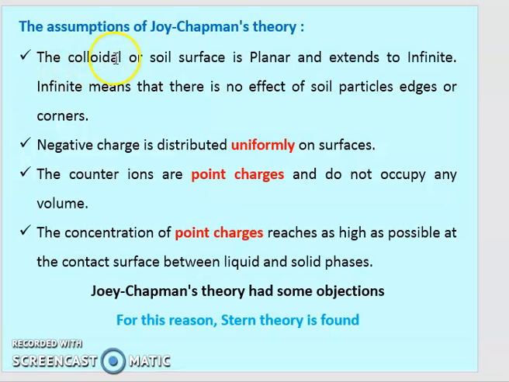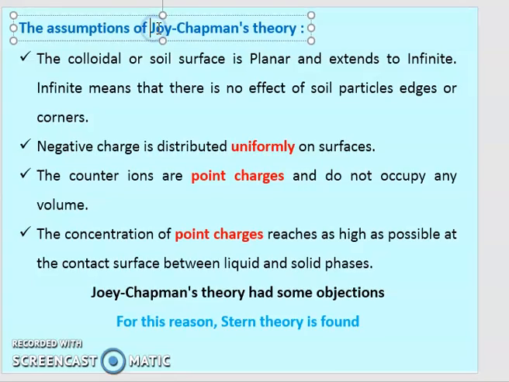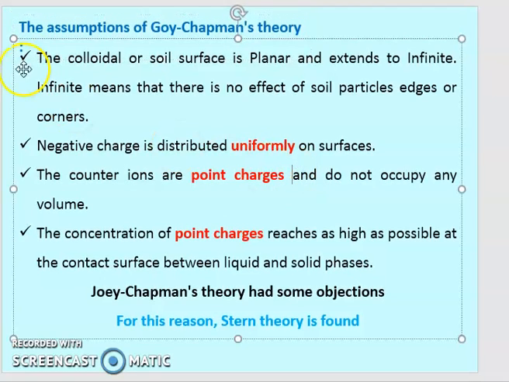The assumptions of Chapman's theory. The colloid has some assumptions for his theory.